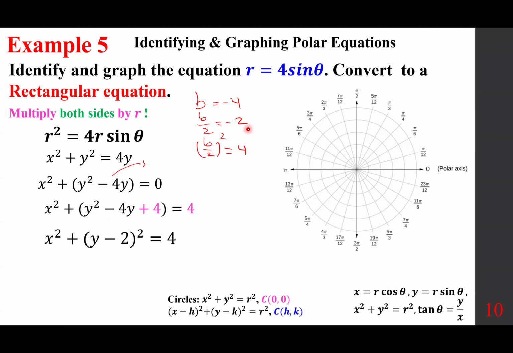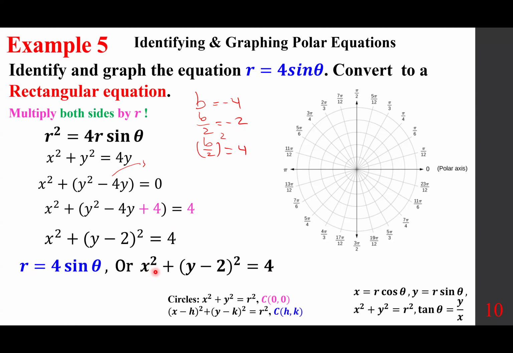Now, this is a circle. So when r is 4 sine theta, we get x squared plus y -2 quantity squared equals 4. So r equals 4 sine theta is a circle.